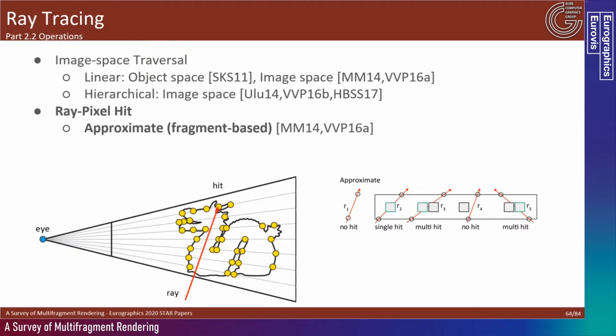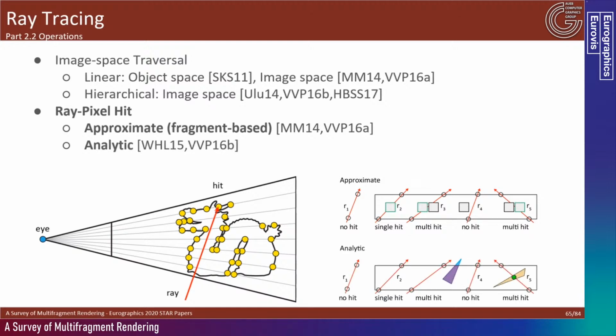First, approximate solutions that work by comparing the ray's depth extents against the depth sample's depth extents in order to identify a hit. And second, analytic approaches that operate on primitive indices instead. And these primitive indices are usually captured in per pixel linked lists. And these methods can offer accurate ray primitive intersection tests.